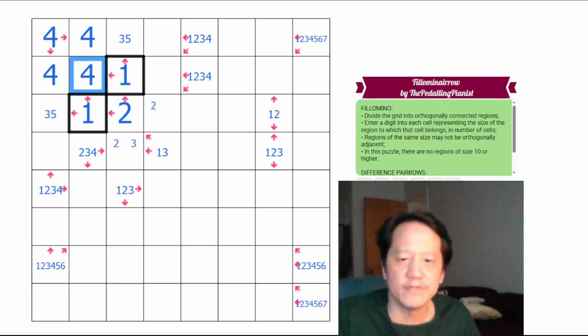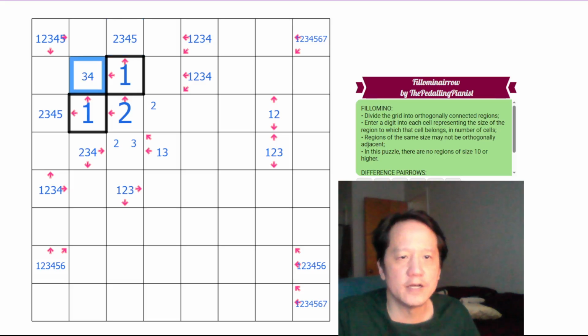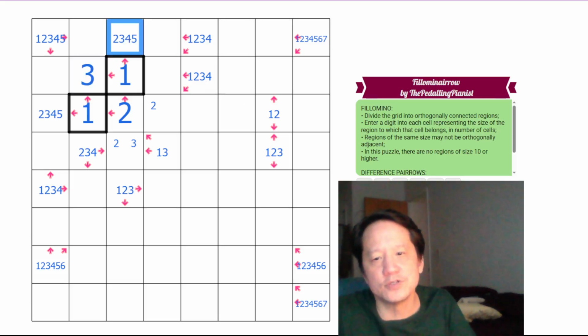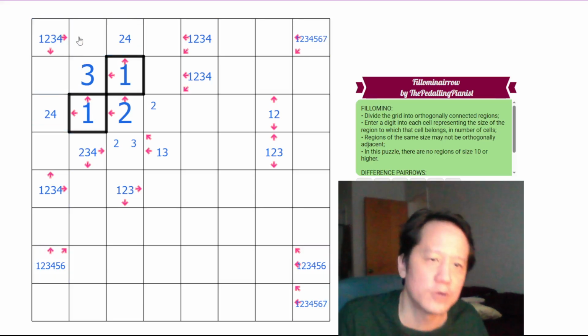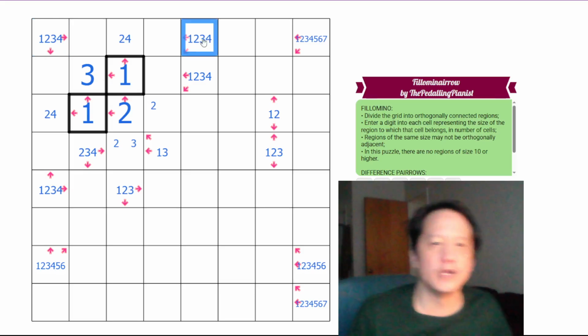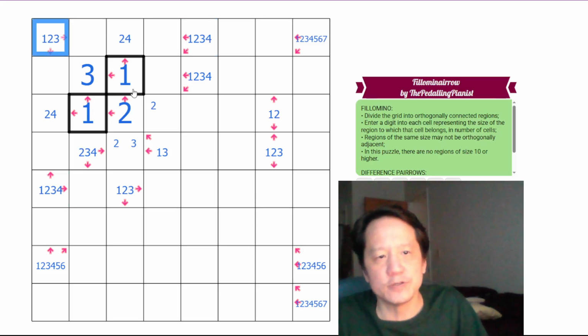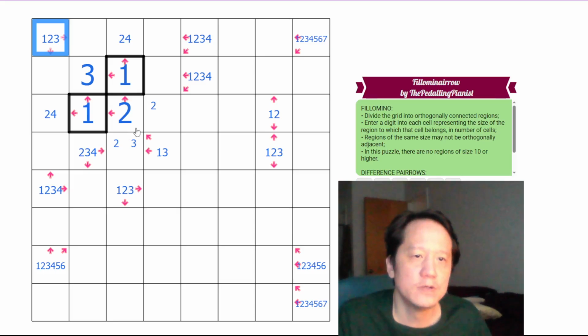So this cannot be 4. It has to be 3 here, and then this is 2 and 4. 4 away cannot be 4 apart from each other, so this can't be 4. 2 away does work. It's 2 apart from each other.